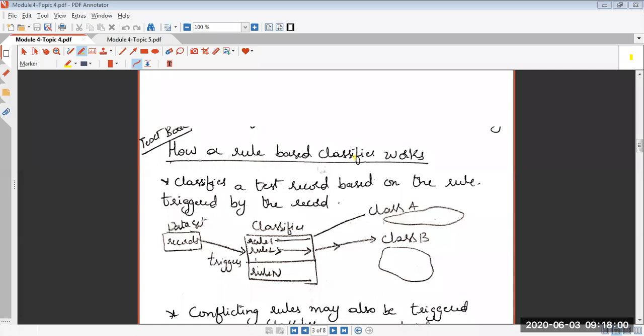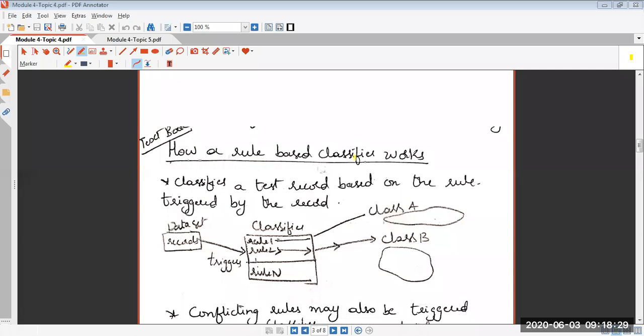We need to distinguish the records based on some criteria. That criteria itself will become the different classes that you understood in the previous discussions. So we will have different classes, class A, class B, class C. You will be giving the class labels because the classifier cannot create them. The data analyst will be giving the class labels, the names of the classes.